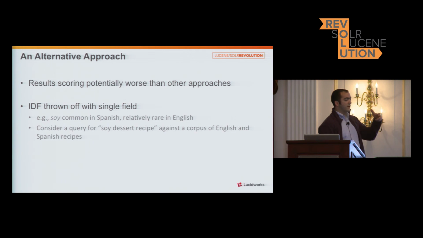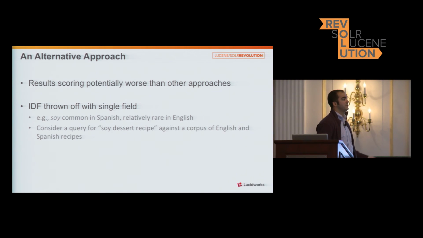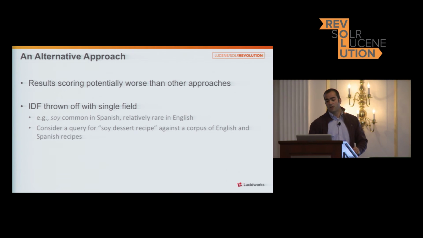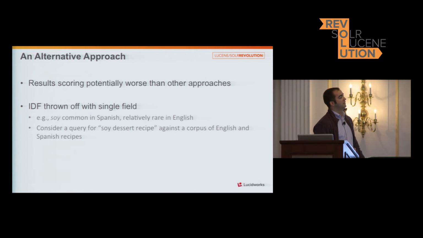So consider a corpus of Spanish and English recipes, and this is cruel, I'm talking about dessert right before lunch, but this is what I came up with. Consider a query for soy dessert recipe. Across your English recipes, recipe is probably the most common, dessert is probably in the middle, and soy is probably your least common term.